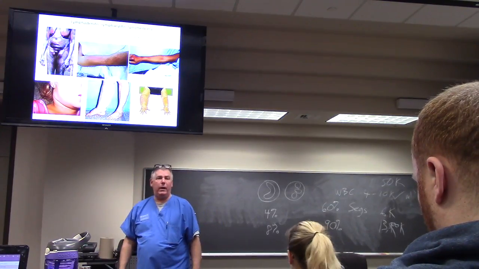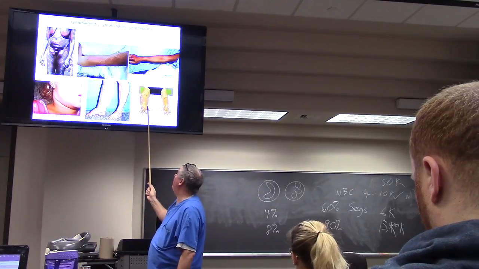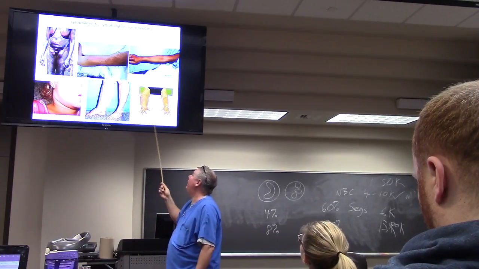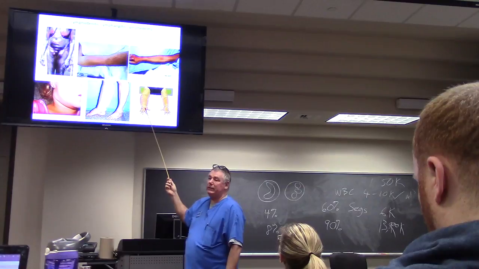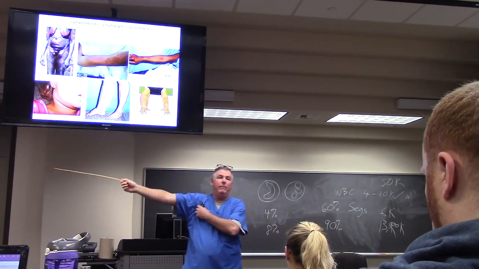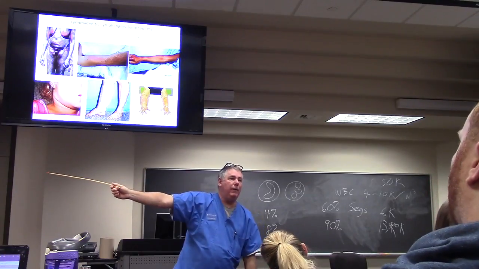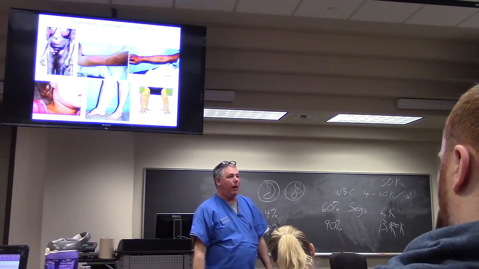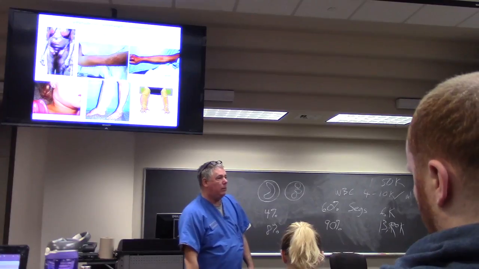Cancer can do it. And this person right here, you see this arm is huge compared to that one. A lot of times this happens during mastectomy, and they go in and do a lymph node resection of the axilla. This is a common problem in women who have had that done.